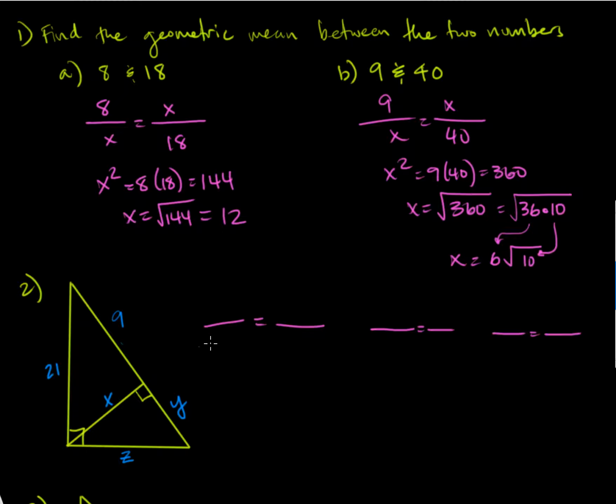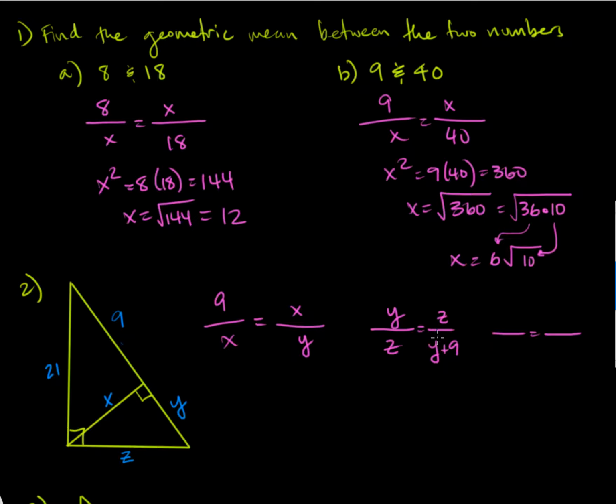So if we start with x, the altitude, it's the geometric mean between the two parts of the hypotenuse, which would be 9 and y in this case. Now we can't do much with that because we have two variables. If we move over to z, it's going to be the geometric mean between the part of the hypotenuse that's adjacent to that leg, which would be y, and the entire hypotenuse, which is y plus 9.